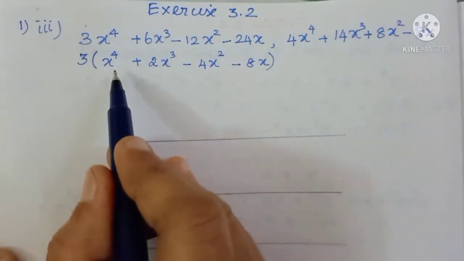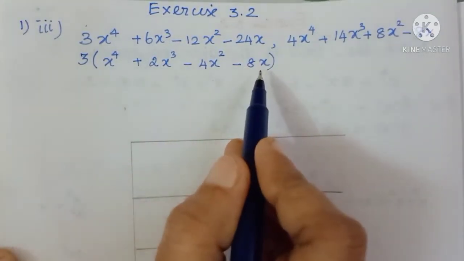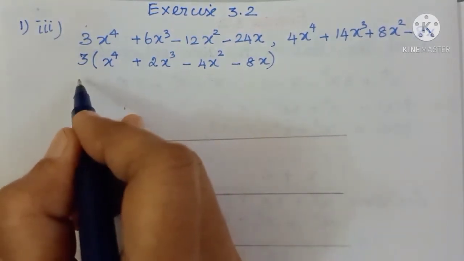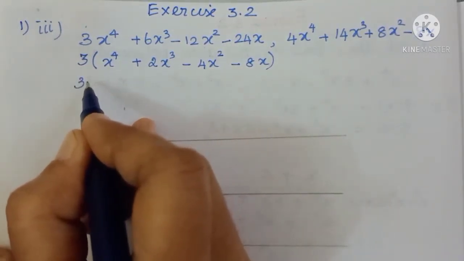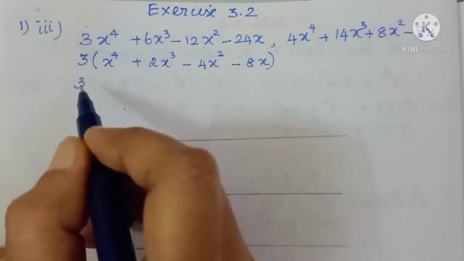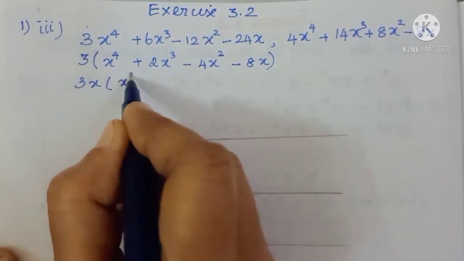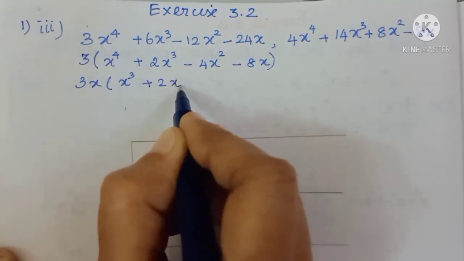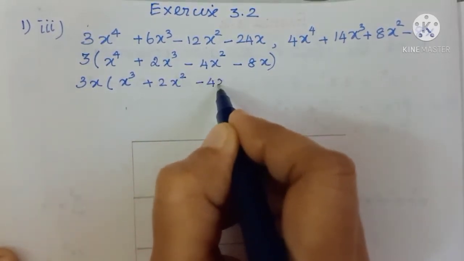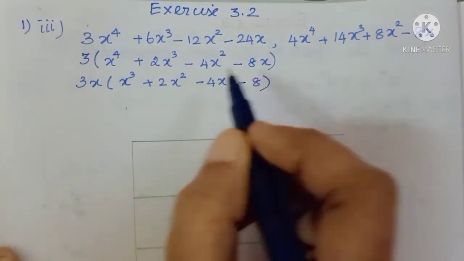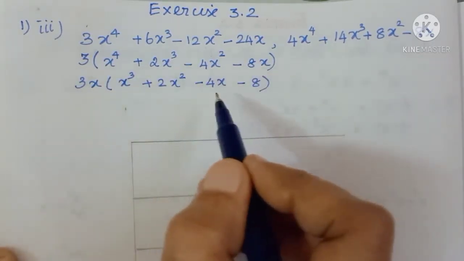And see here the variable x is also common in all the terms. So at a time we can take out the common number and the variable also. So here 3x into x cube plus 2x squared minus 4x minus 8. So without writing this step, directly we can write this one also.